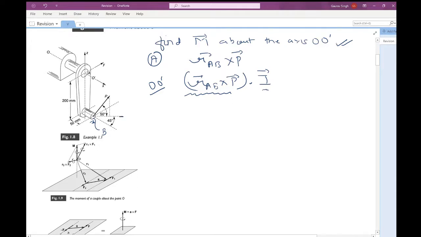Then you can take that either on this axis or on this axis, depending on what your situation is. I think you have already done this in your first year in mechanics, so I'm not going through this part again.